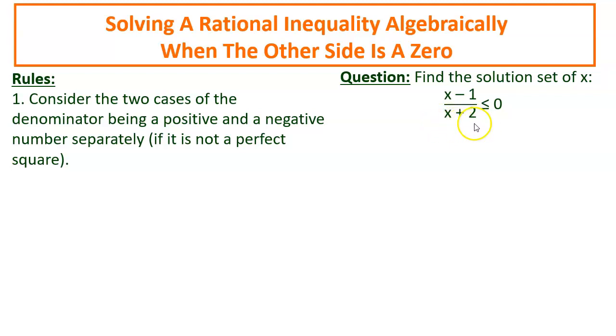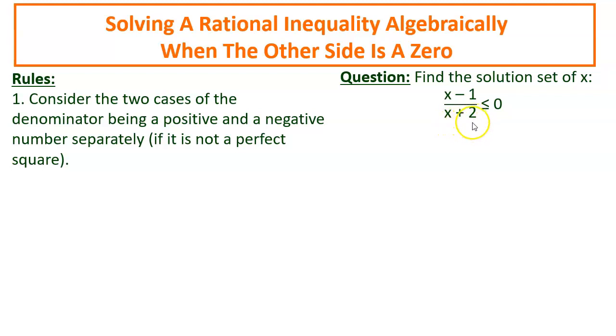And we do not know whether x plus 2 is a positive number or a negative number. So we have to take these two cases separately: when x plus 2 is positive and when x plus 2 is negative. You may be thinking, why not take the third possibility, x plus 2 equal to 0?